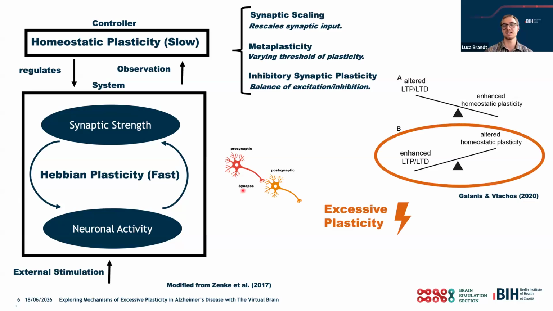And this is exactly what we're investigating now. So what happens when homeostatic mechanisms or neuromodulatory mechanisms are impaired, which causes unregulated, or in our case, we term it excessive plasticity. Or in this sense, we mean excessive Hebbian plasticity, just to be sure with the terms.